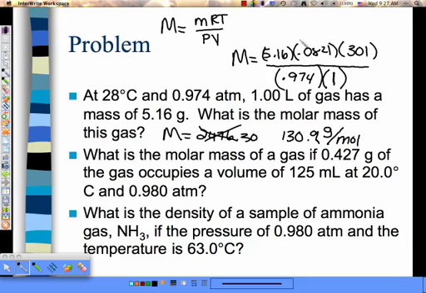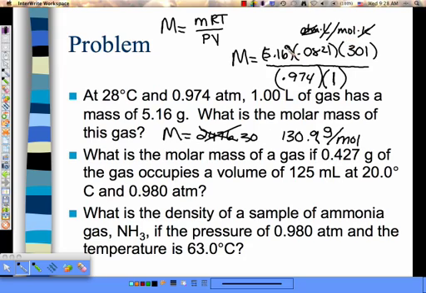Grams per mole, because remember the units for R: we have ATM times liter over mole times Kelvin. Our ATM canceled out because we're dividing by an ATM. Liters canceled out because we're dividing by liters. We're multiplying by a Kelvin, so our Kelvins canceled out, but we never multiplied by moles, so that's left.